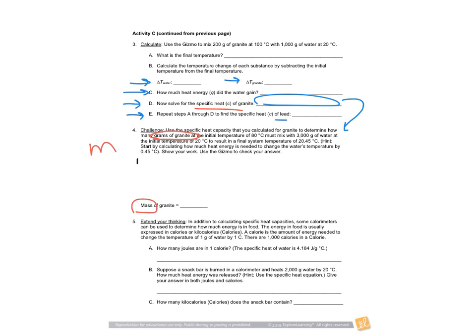So let me go through the steps here. Step number 1: find Q for water by doing mass times specific heat times the change in temperature, just like we've done before. Step number 2 is to find the mass of the granite.